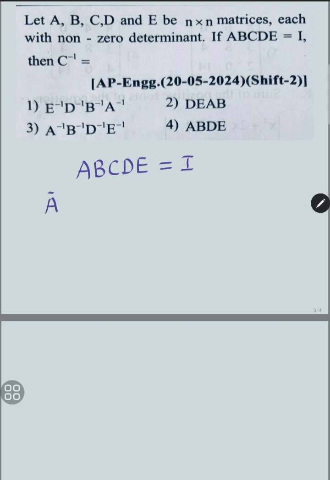See how I am going to do that. A inverse, A B C D E, E inverse is equal to the same in the RHS: A inverse I E inverse.